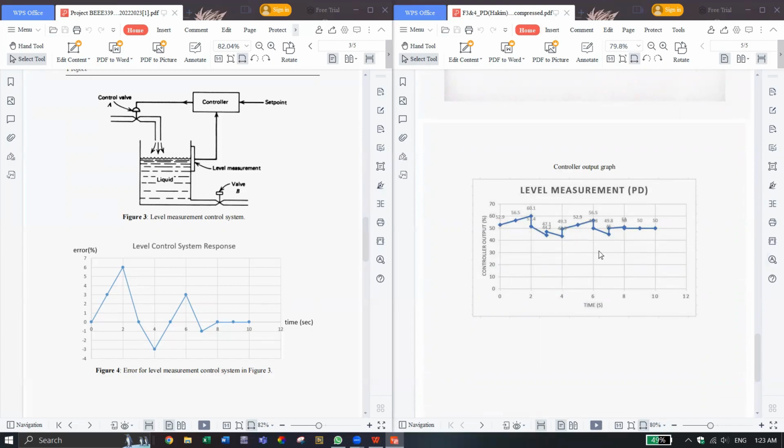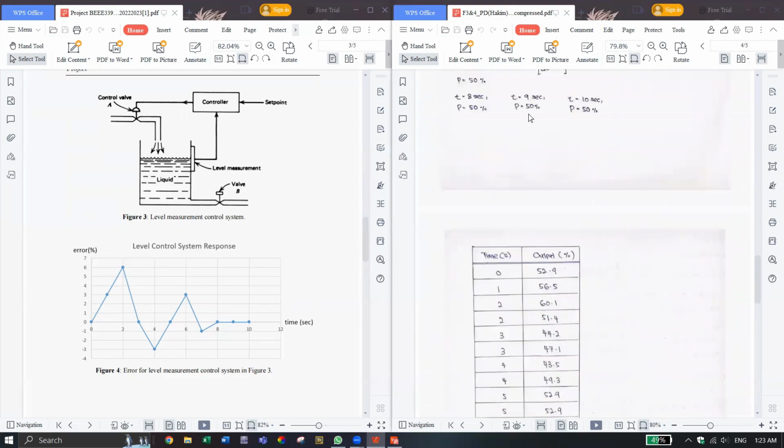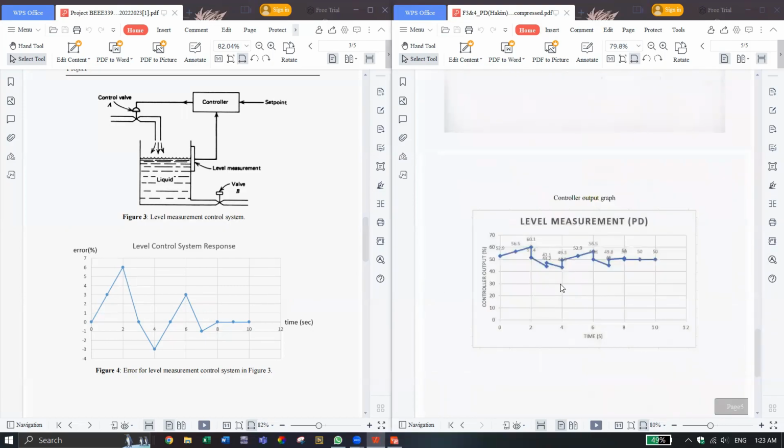So this is the output graph for the PD that I got from the result that I calculated. So I think that's all for my explanation. Thank you.